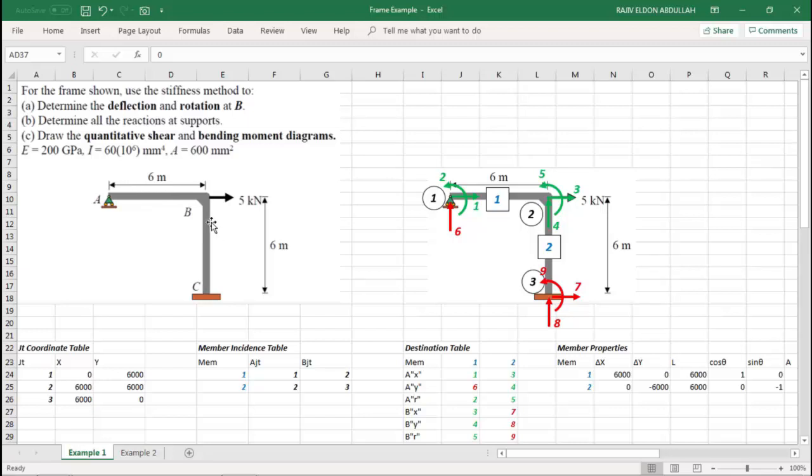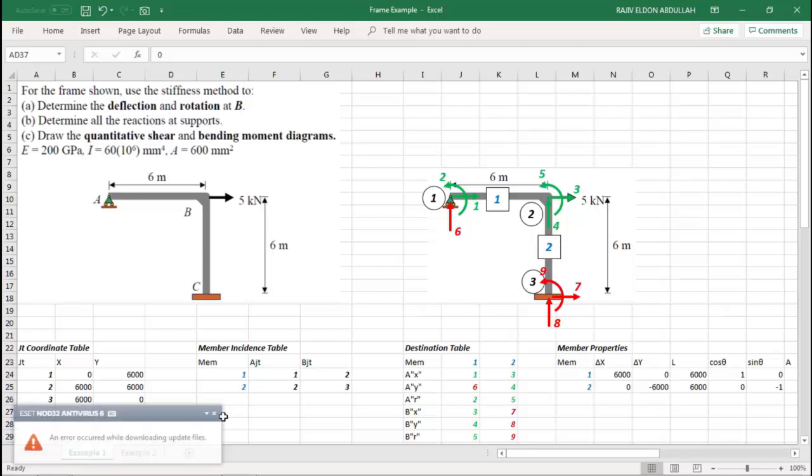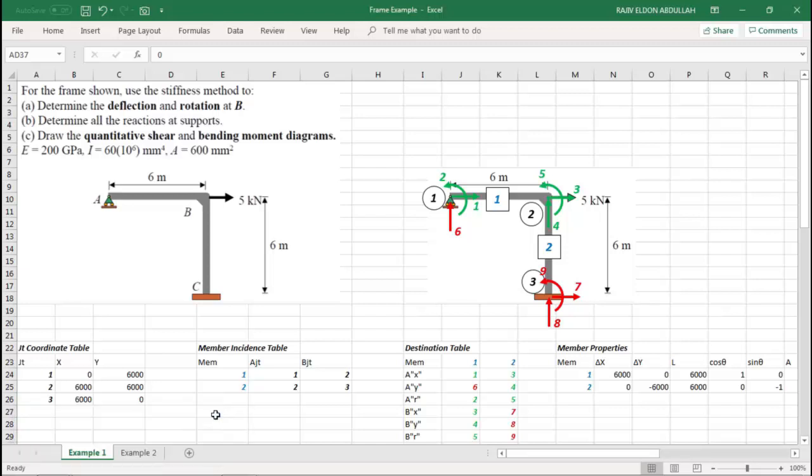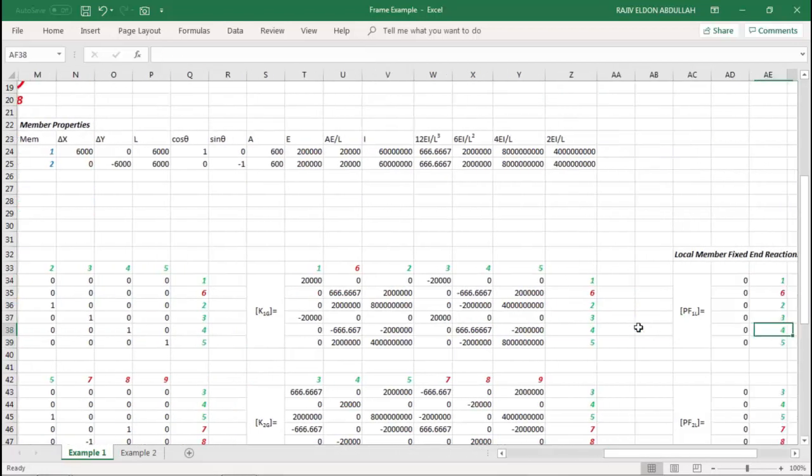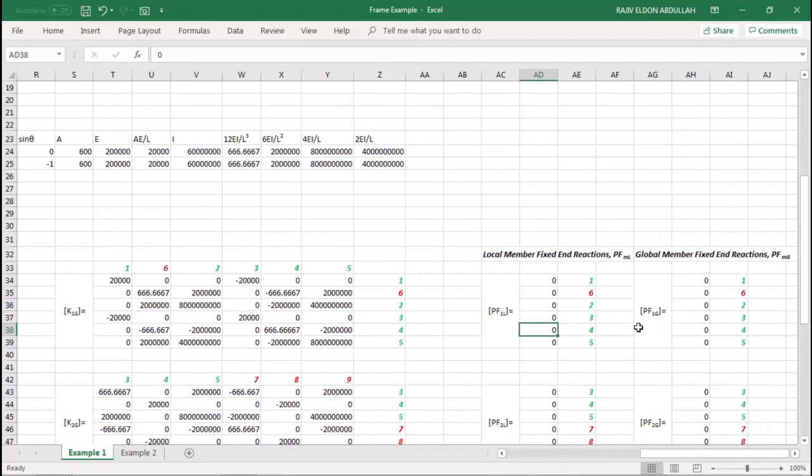The fixed end reactions should be 0 for both members. The 5 kilonewton here will be part of the nodal loads, okay? Nodal loads, not exactly part of the fixed end reactions. I hope that's clear. Okay, so this would all be a bunch of zeros. But I'm still including the step here because this is the general procedure.